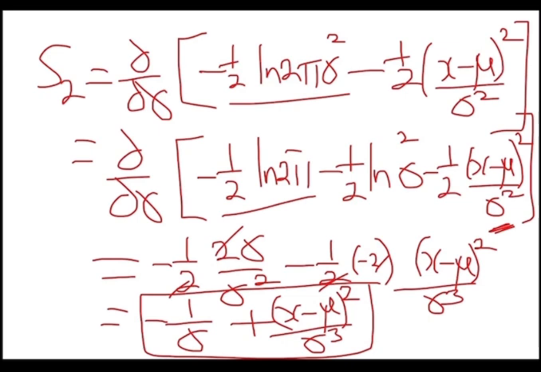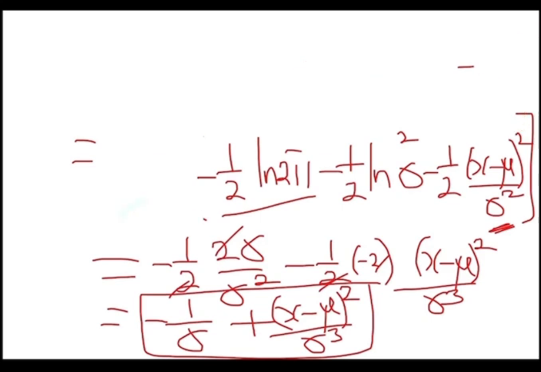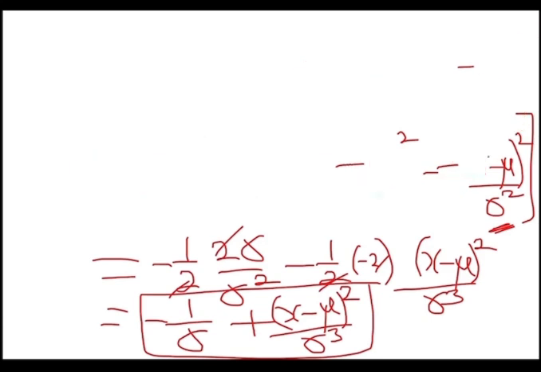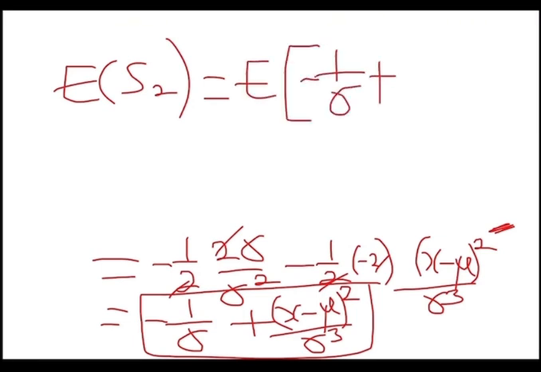And you know what, you can also investigate whether the expected value of the second score function is equal to 0. Whatever the score function is, its expectation has to be equal to 0. So let's see. We have the expectation of negative 1 over sigma plus x minus mu all squared, divided by sigma cubed.